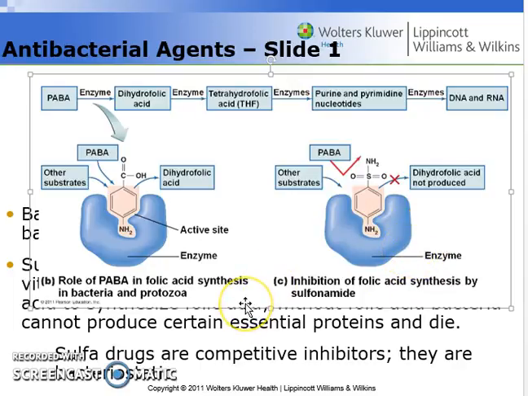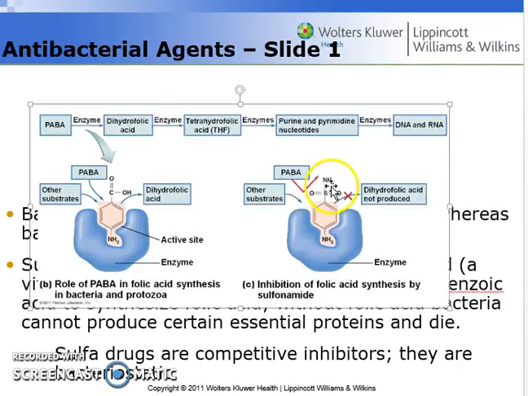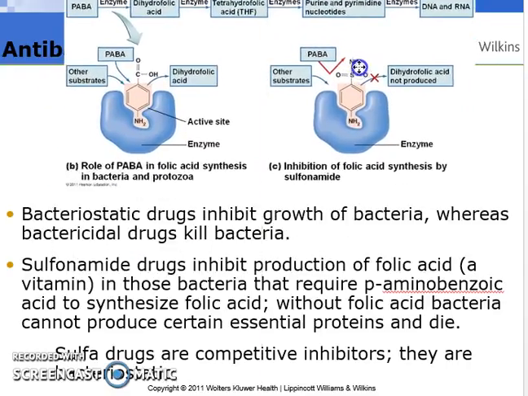So this is why we talk about sulfa drugs as being competitive inhibitors, because they're not really doing anything other than taking up space, and they're blocking the actual PABA protein from locking into the enzyme in order for it to function, to generate folic acid. So that's how that particular process works.